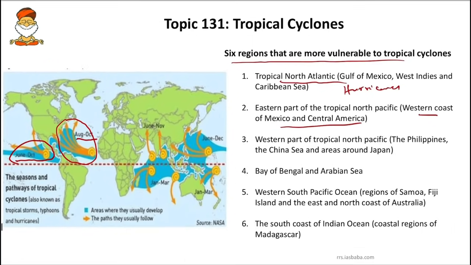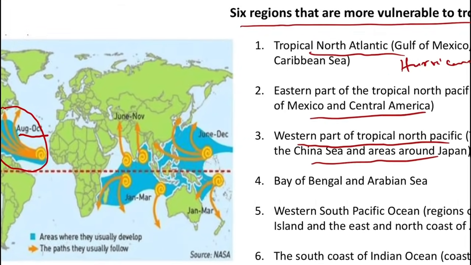Next important, the western part of tropical North Pacific, that is the Southeast Asia region: Philippines, China Sea and the areas around Japan. This is the area where it occurs usually during June to December.